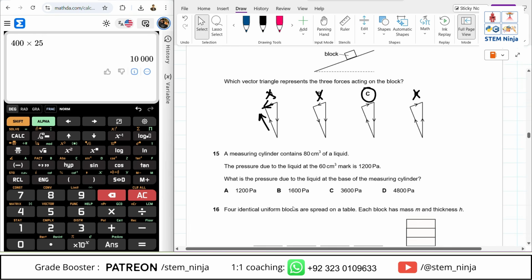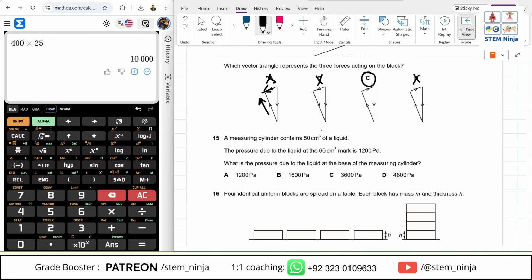A measuring cylinder contains 80 centimeter cube of a liquid. The pressure due to the liquid at the 60 centimeter cube mark is 1200 pascals. What is the pressure due to the liquid at the base of the measuring cylinder? So this means that we have a measuring cylinder.